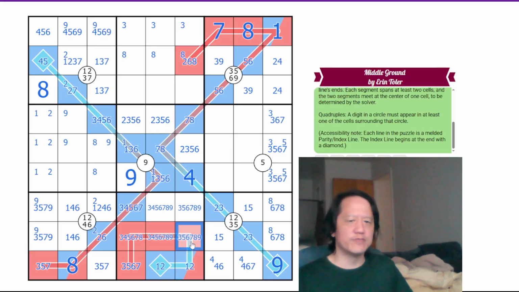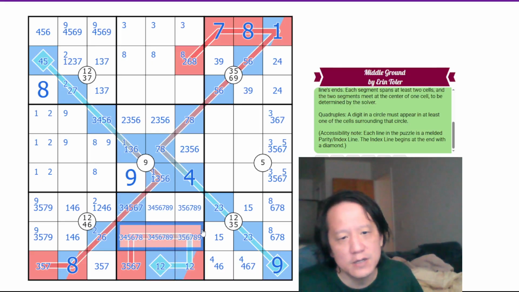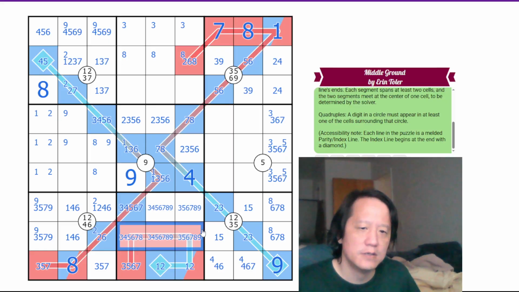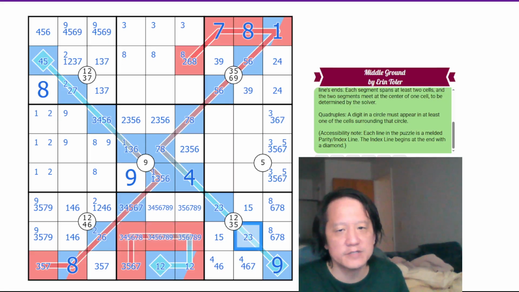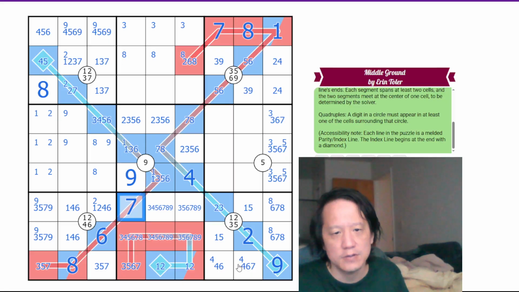I think we also proved that this can't be 3. Yeah, if one of these is 3, that makes this 2, which would make that 6, so that would be 7. Oh, specifically, these can't be 3. Because then that makes that even, which would be 6, so we'd have to have 4 and 7 there.